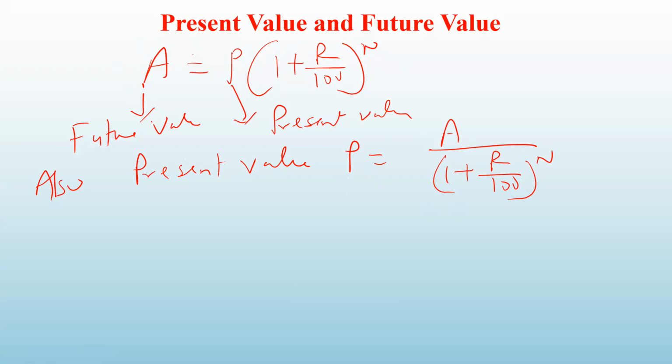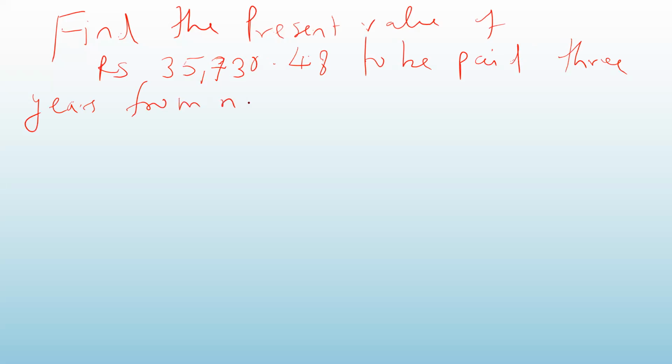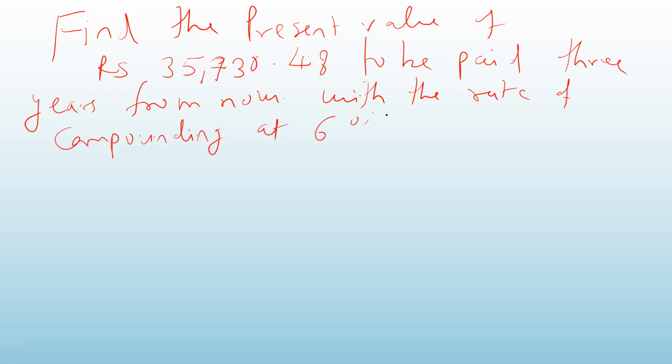So if I ask you a simple problem: find the present value of rupees 35,730.48, which is to be paid 3 years from now, with the rate of compound interest at 6% per annum.